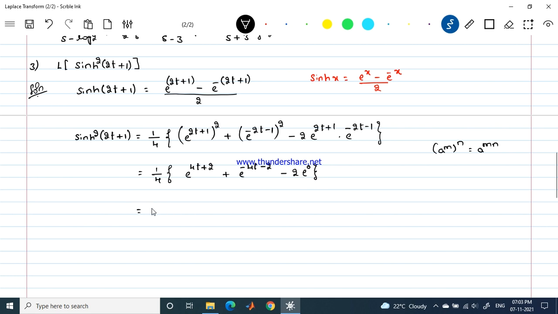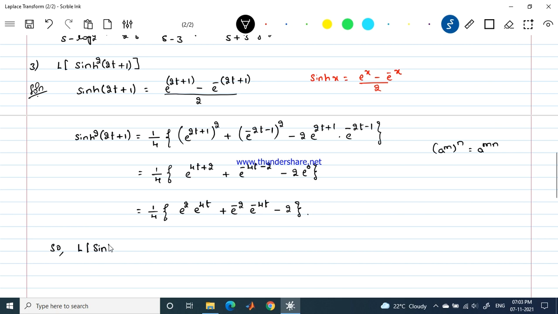So what we have now is 1 by 4 times e square, a constant, into e power 4t, plus e power minus 2, a constant, into e power minus 4t, minus, it is just 2. I just wanted Laplace of this. Now let me take the Laplace.